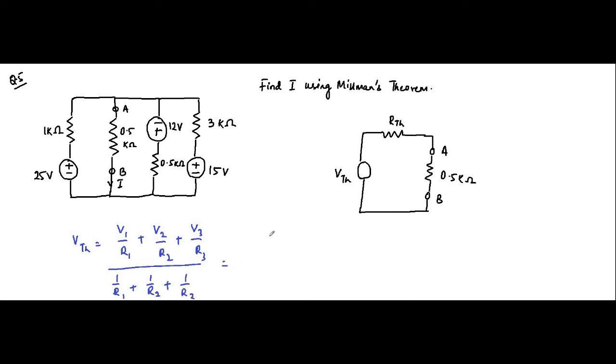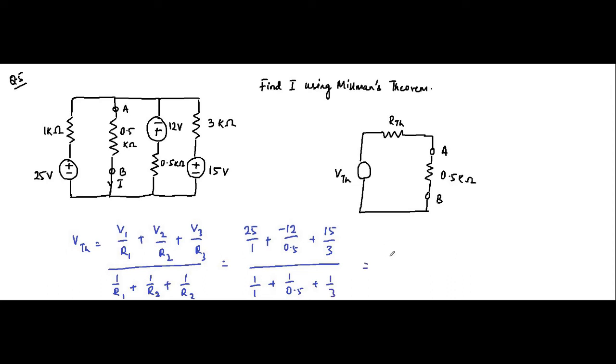That equals 25 by 1 plus minus 12 by 0.5 plus 15 by 3, divided by 1 by 1 plus 1 by 0.5 plus 1 by 3.